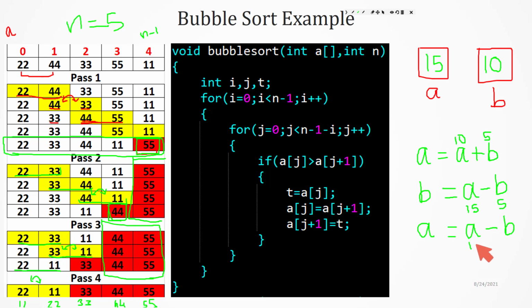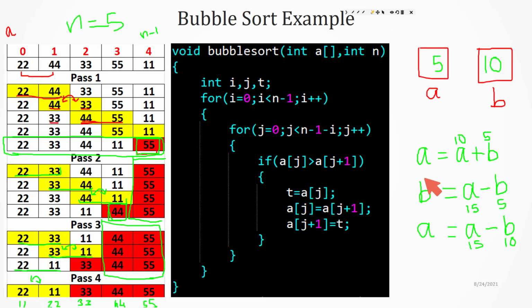A is 15, B is 10, A minus B is 5. So that 5 will be stored in A. So initially 10 is in A and 5 is in B. Now 5 is in A and 10 is in B.